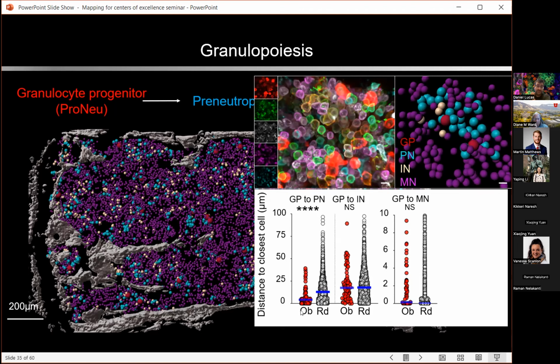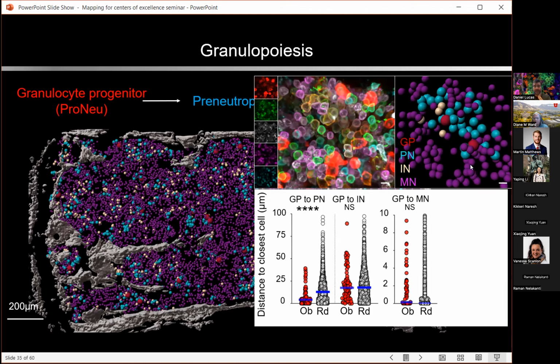They are in contact, they cluster together. In contrast, these immature neutrophils, which are one step down in the differentiation, no longer cluster with the granulocyte progenitors, telling us that as these cells differentiate, they are leaving this structure and moving to other regions of the marrow or going into the circulation.